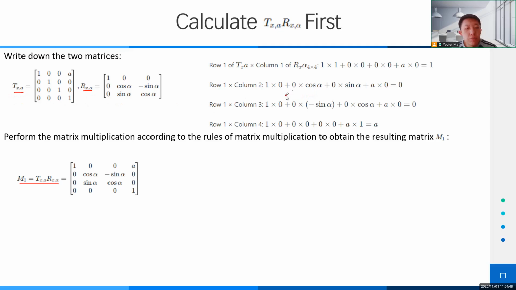Let's compute step by step. Row 1 of Tx(a) multiplied by column 1 of Rx(alpha) is 1. We do this for all rows and columns. Finally, we get M1.